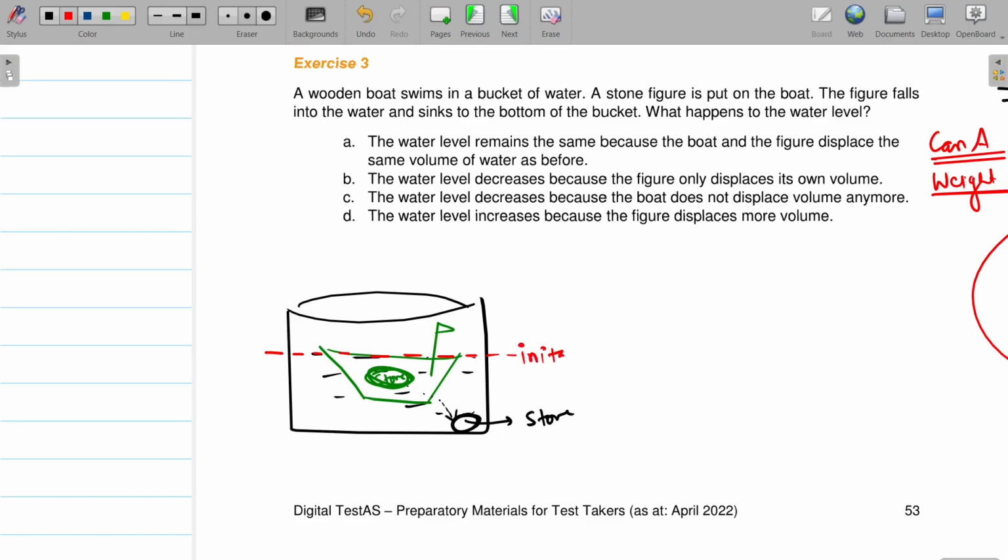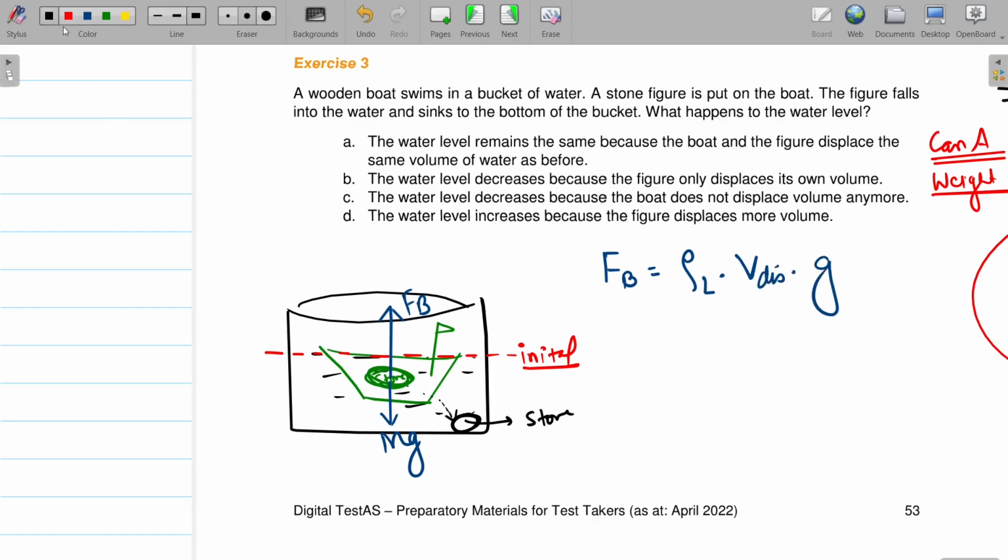Now again, since this boat was floating with the stone, it means the total weight of this boat, that includes the stone as well, is counterbalanced by this FB, right? Okay, so let me write. FB should be equal to density of the liquid times volume of displaced liquid times acceleration due to gravity.